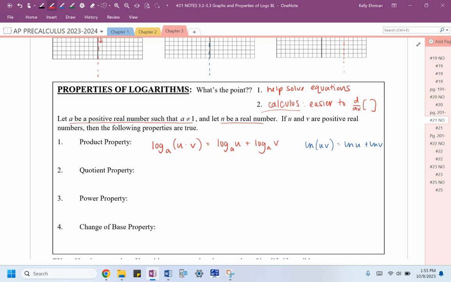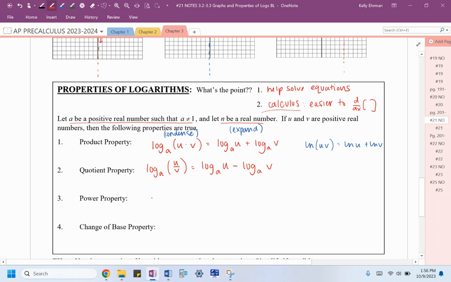The quotient property: if we have the log base A of U divided by V, then that's equal to the log base A of U minus the log base A of V. The side where we're writing out the plus or the minus is called the expanded side. If we say expand this expression into multiple logarithms, we're saying write it like the right side. Or if we give you something that's already expanded and we say condense into a single logarithm, that's saying go from the right side to the left side.